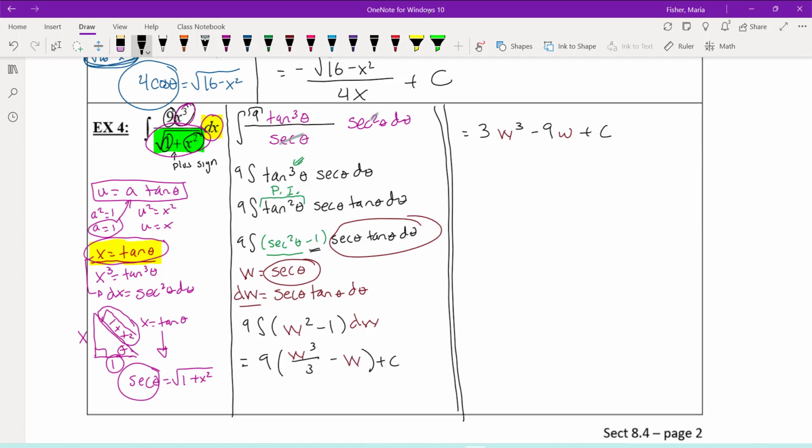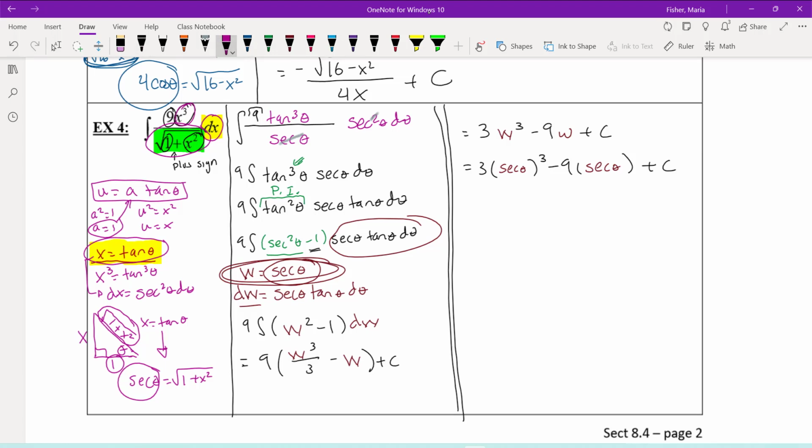Now get out of w's and go back into secants. So we're going to write this as 3 and then secant of theta cubed minus 9 secant of theta plus c. Last and final step, get out of secants and go back into x's.